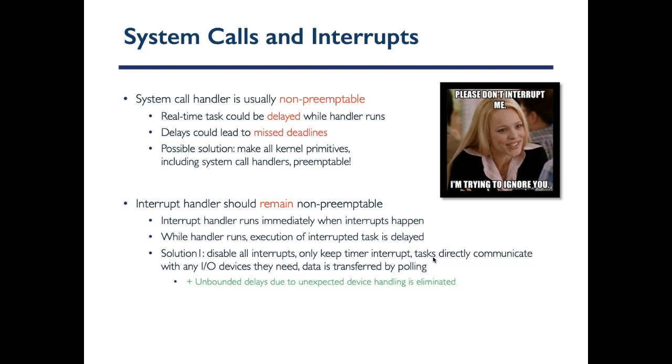Now they're not interrupted. But there are two more benefits. You can actually estimate precisely how long it takes to do data transfers because you're polling, right? Every time a task needs to do I/O, it polls because you cannot use interrupts.